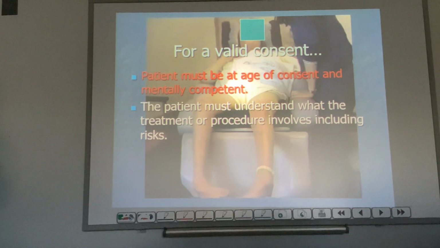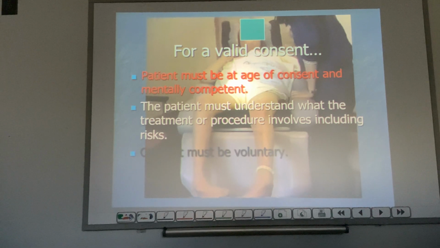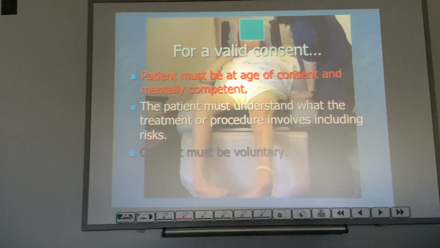But the main thing is that you want that patient to be mentally competent, to understand what is going on, what they might have to potentially have with various procedures, surgeries, and also understanding the various risks involved. The consent also must be voluntary. We cannot force upon any individual to complete these consents.